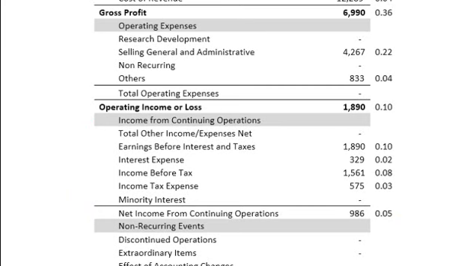In this case, you have your earnings before interest and taxes, which is the $1,890. Then you subtract your interest expense, which gives you $1,561, and then income tax expense, which is $575, which gives you net income from continuing operations, $986.